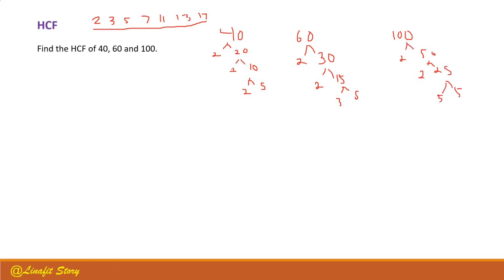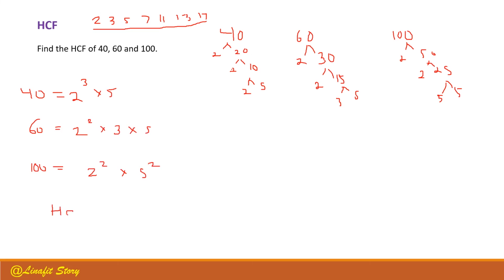So 40 is equal to 2 cubed times 5. 60 is 2 squared times 3 times 5. 100 is 2 squared times 5 squared.